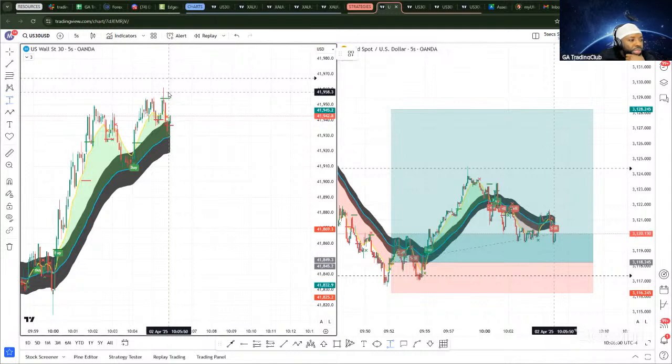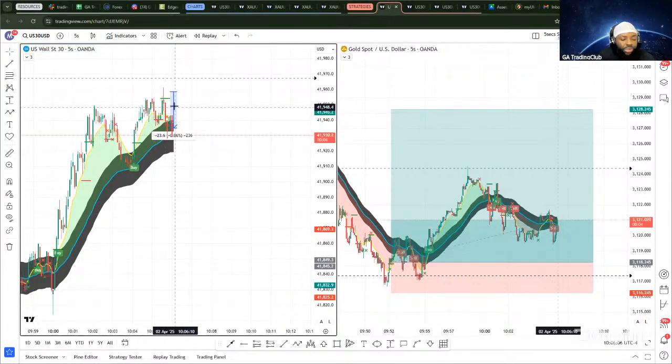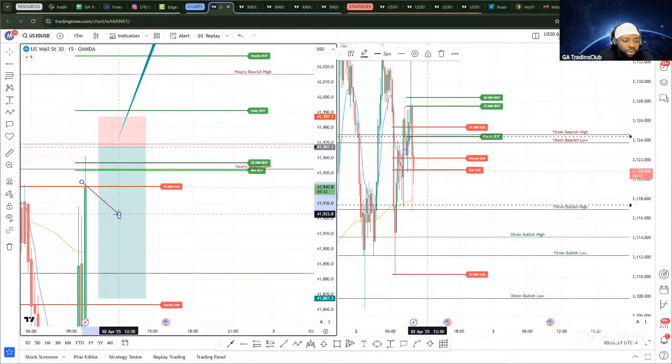Actually, it's a 20-point drop. So the issue here, why I'm not going to take this, is that I want price to tap into my 10-point marker first before pushing back down. But what price did here, it tapped on the rejection level first, went up only 3 points, and then came back down.